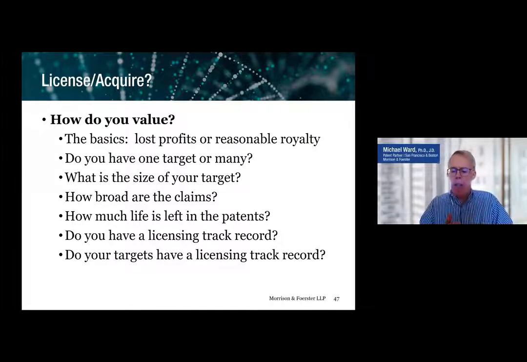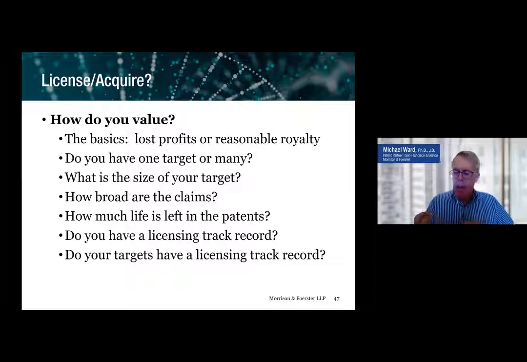Well, first, you can look at lost profits or a reasonable royalty. What does that mean? Well, lost profits are the profits that one would lose because they're not able to sell the product because somebody is infringing. So it's the profits that you otherwise would have gained.